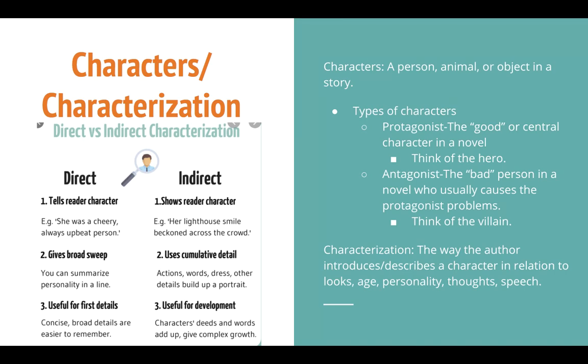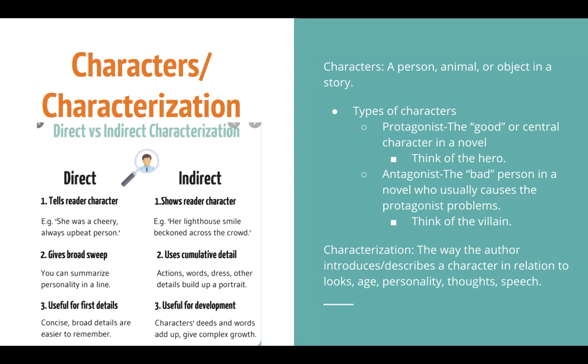I'm on the right-hand side before I go over to the left. So we have our protagonist, which is the good or central character of a novel. Think of the hero. And I always look at that prefix pro, P-R-O. That gives us some kind of positive connotation. So that might be a way to help you remember that the protagonist is the good character. Then we have the antagonist, who is the bad person in a novel who usually causes the protagonist problems of some kind.